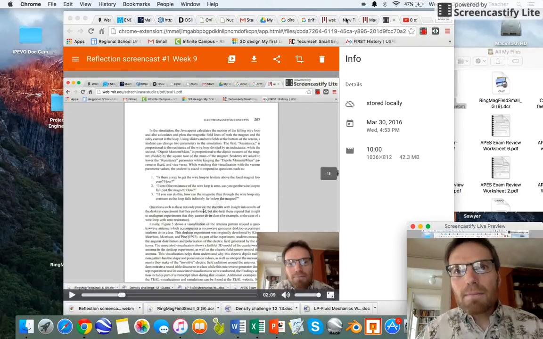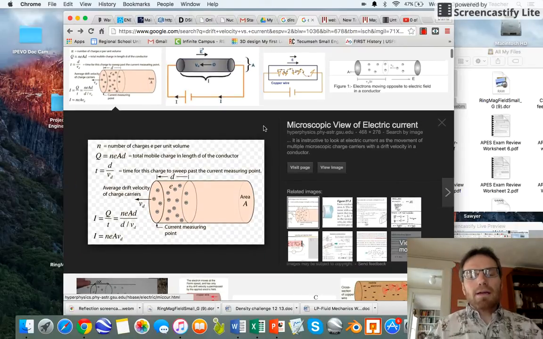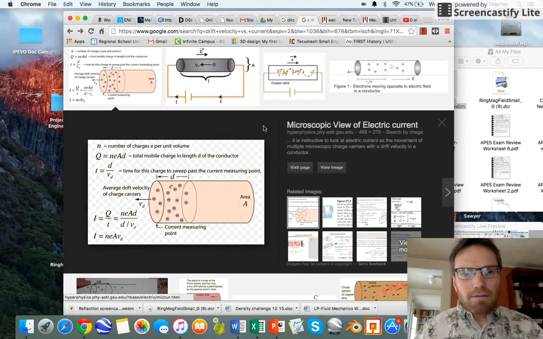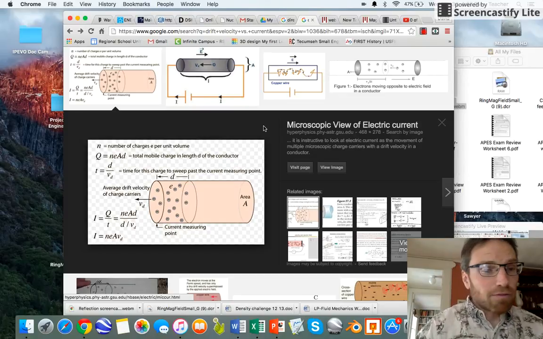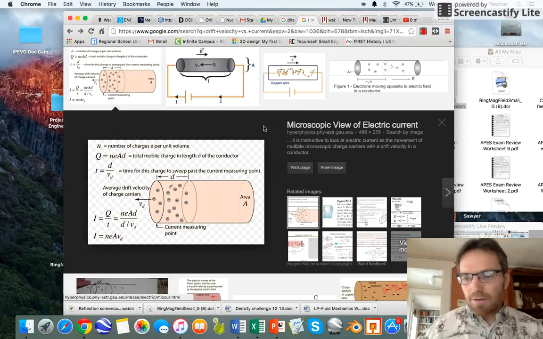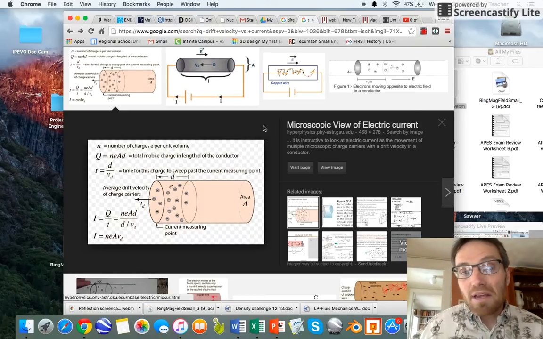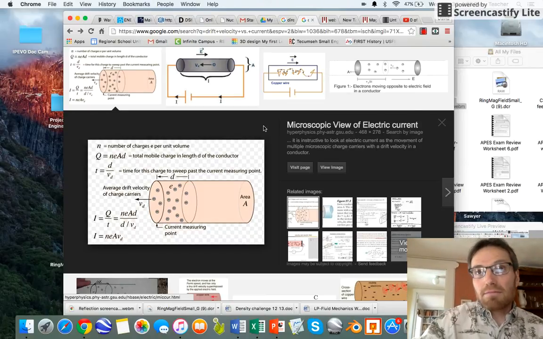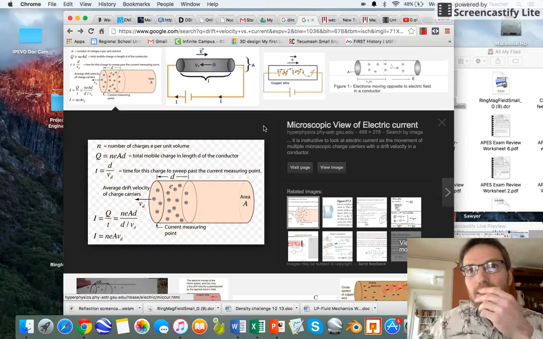So another thing that I wanted to share with you in terms of this week's screencast is I got to thinking about drift velocity versus current. I was a little confused there. I had the understanding that drift velocity of charge was much slower than current, it seems.